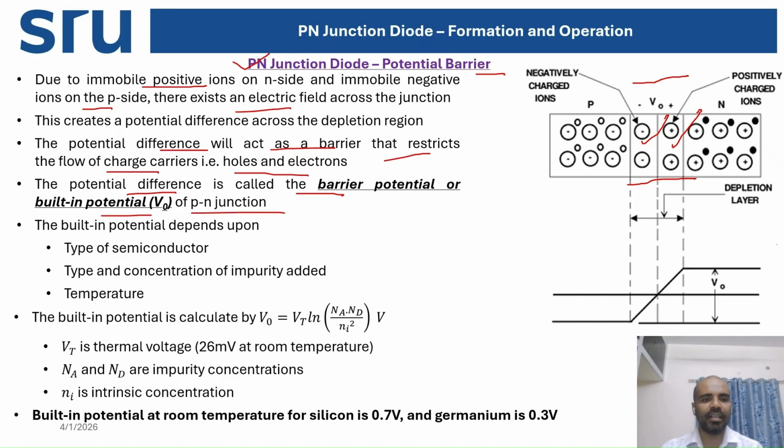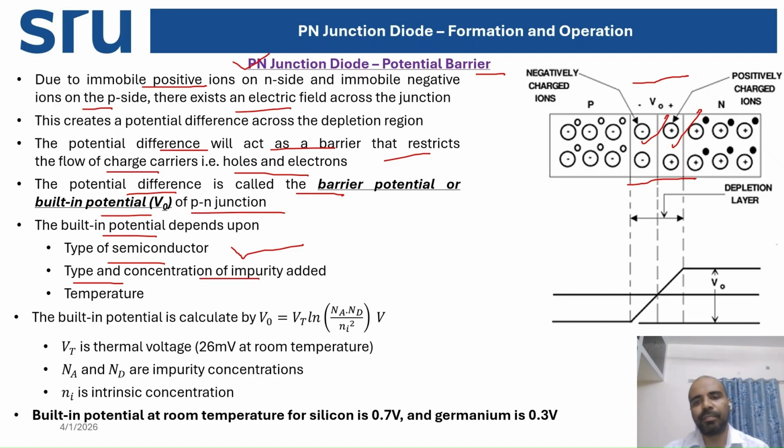Now, is it clear now? So the built-in potential or the barrier potential depends on these factors, right? It depends on the type of semiconductor, that is p type, n type, intrinsic, extrinsic semiconductors, right? The type or nature of the semiconductors, or whether the p region is heavily doped or the n region is heavily doped. It will also depend on the types and concentration of impurity added.